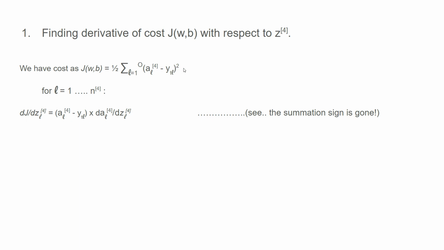AL4 minus YTL. That is, our square will go below and be cut by this one half, and we will get (AL4 minus YTL) into dAL4 by dZL4.